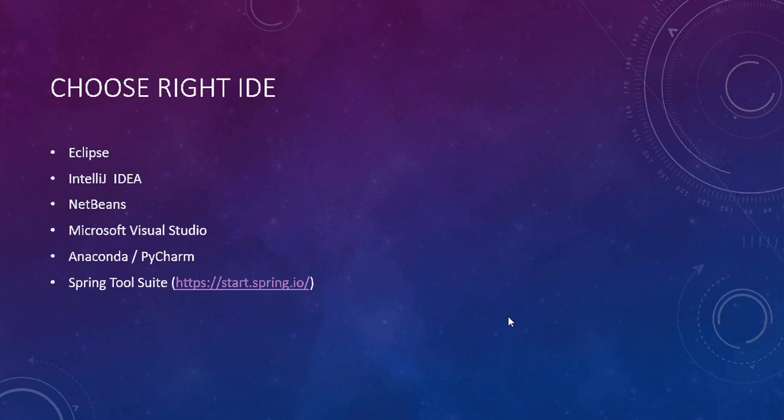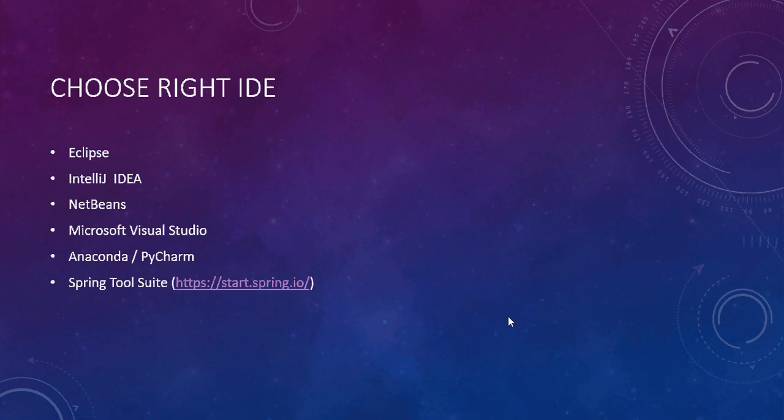And also if you are working on artificial intelligence or machine learning projects, then Anaconda comes with predefined Python libraries, where it provides the environment to develop AI or ML based applications.